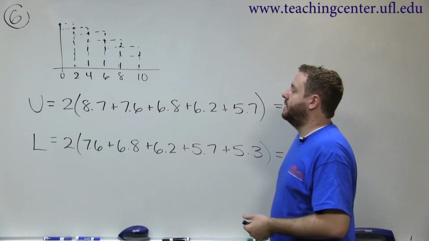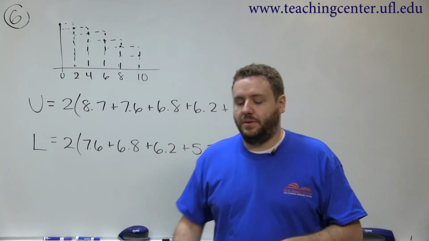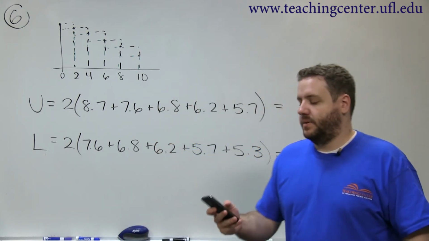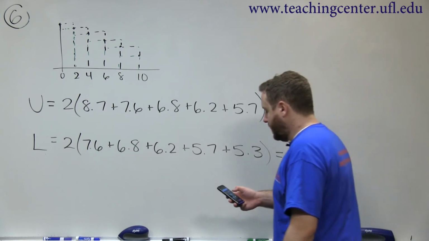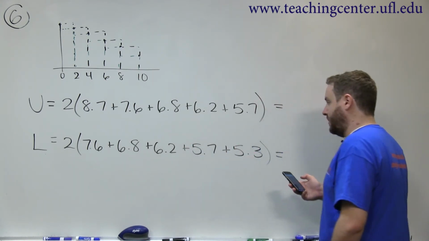So the concept here is really important because this is something that you'll use for many types of antiderivative and Riemann sum problems. So I'm going to use my calculator right now to figure these out.